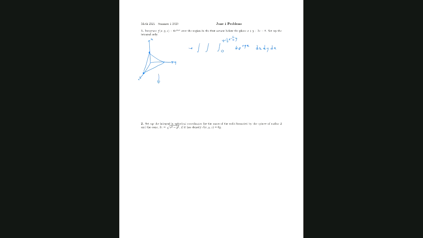And then you can see here's the projection, just that triangle, which is at z equals 0. So we're just going to get x plus y is equal to 8. And therefore, the middle limits will be 0 to 8 minus x. And x will go from 0 to 8.